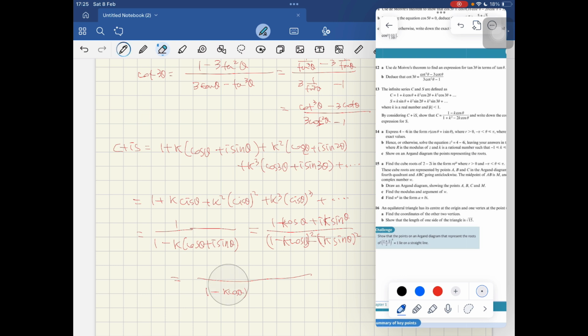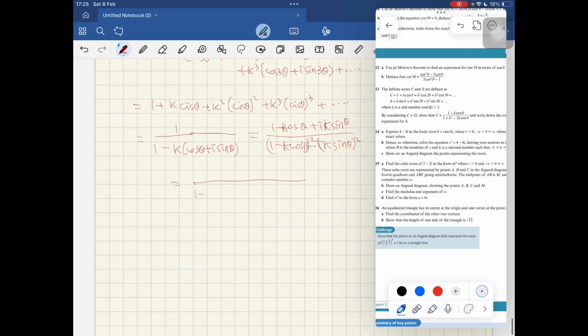Let me expand it: 1 minus 2k cos theta plus k squared cos squared theta plus k squared sine squared theta.